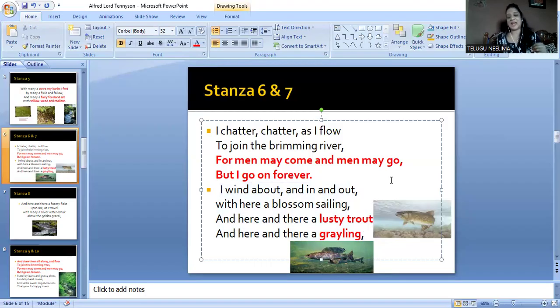It is telling that I move in, I move out, I travel with floods. While traveling, I sometimes see a lusty trout, and sometimes I also see a grayling, which are called fish.